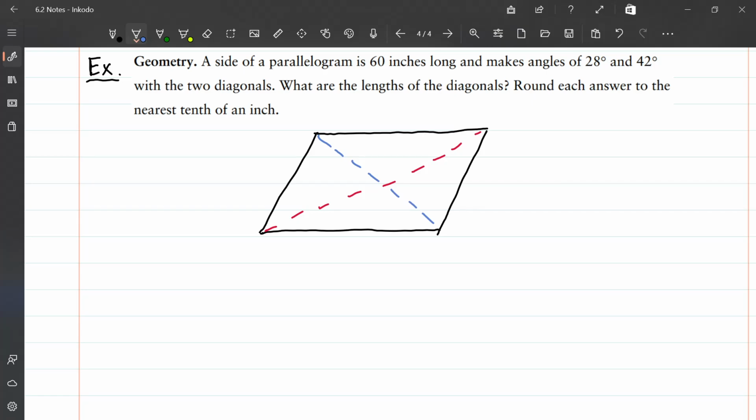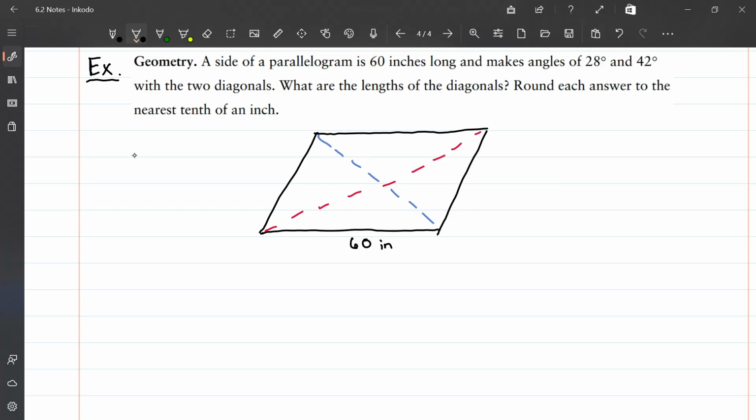Like so. Now when it talks about making angles with the diagonals, what it means is that when I put my side in here, it says a side of 60 inches long. I'm going to choose it to be this one down here. I could choose one of the other ones, but this one makes sense in my picture. That side of 60 inches makes angles of 28 degrees and 42 degrees with the diagonals.